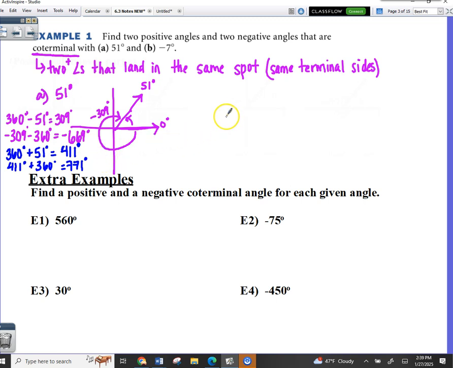Now let's look at it where you're just doing the math. We're going to work with B. B is negative 7. I need a coterminal angle that's positive and 2 coterminal angles that are negative. So first I'm going to add 360 and let's see what we get.